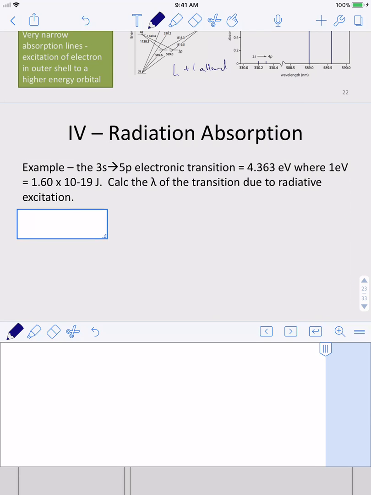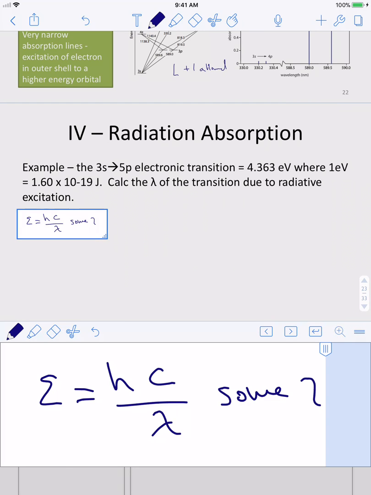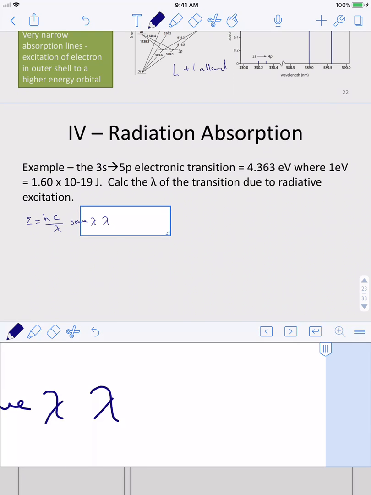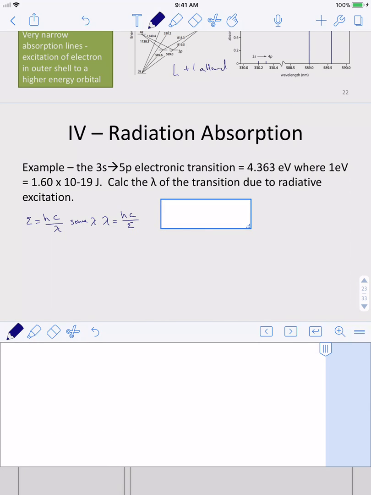All right, so first we're going to think about what equations we want to use. So we have energy is equal to hc over lambda, and we can solve for lambda. Lambda equals hc over energy. And we need to calculate our energy in terms of joules.